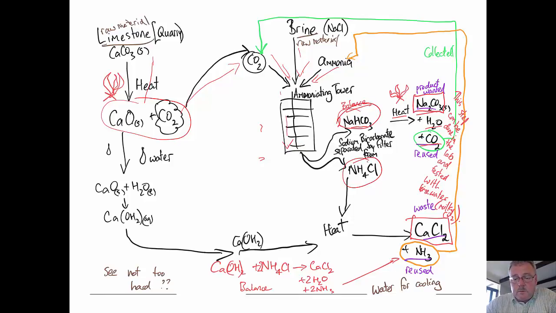Now once those two are produced, one of them can be heated and converted with our calcium into calcium chloride with a lot of ammonia left over. That ammonia here is then sent back and reused in the system.